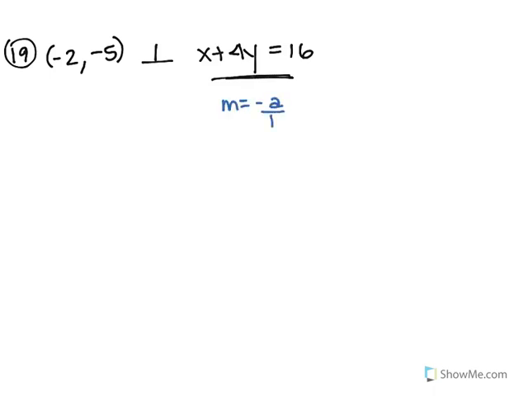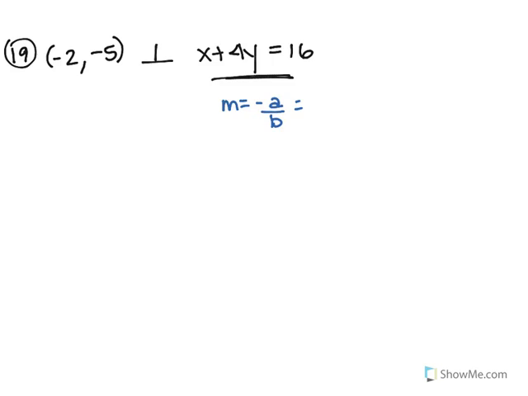Write the equation of a line that's going through the point (-2, -5) and is perpendicular to x plus 4y equals 16. So what I was saying is that you have a given point that's on the line, but I need it to cross this line. So the only thing I need from this line is the slope.